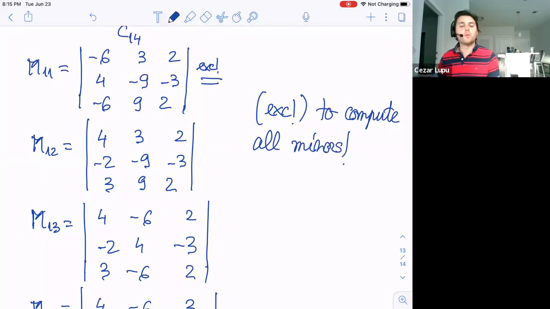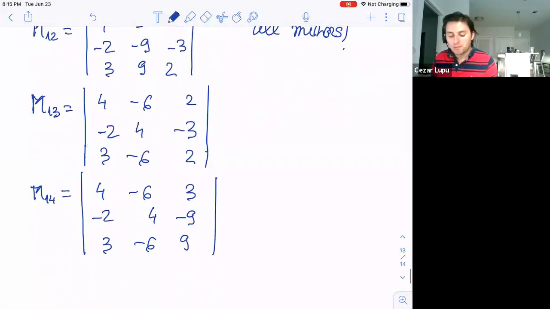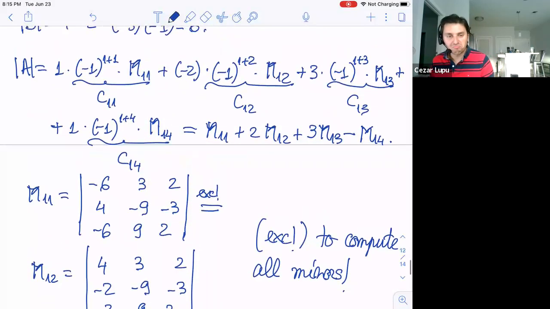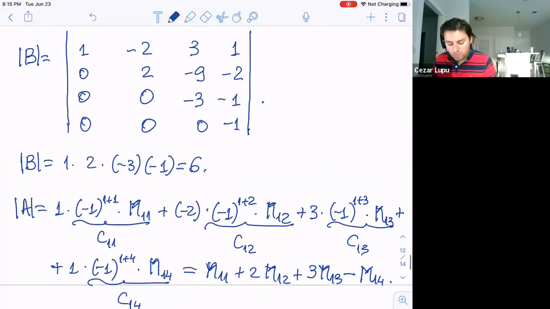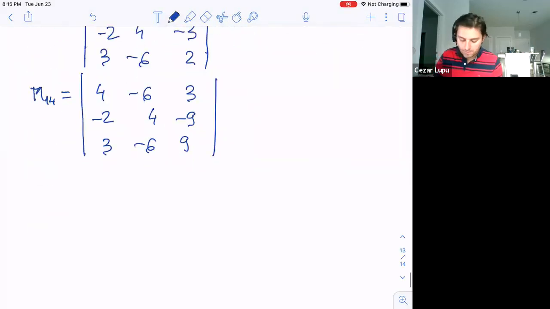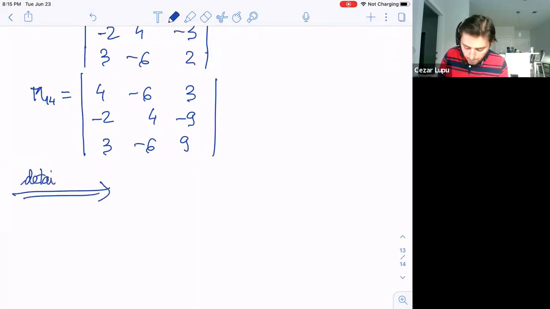And guess what? After you compute all minors, the result will be the same. And so the determinant of A, I'm going to leave these details to you. After we compute the minors, the determinant of A again will be 6.